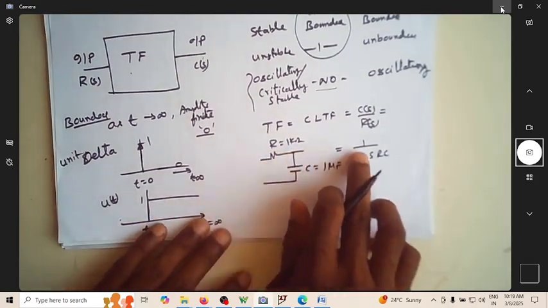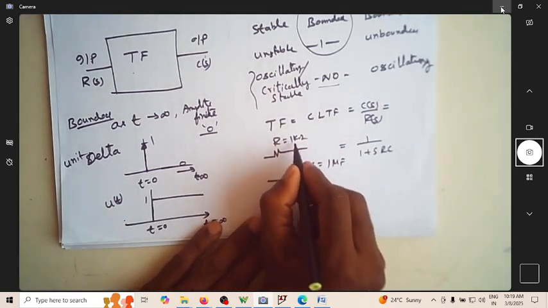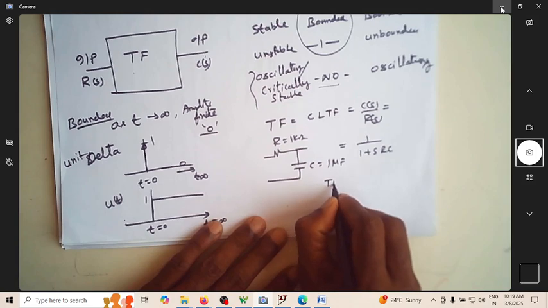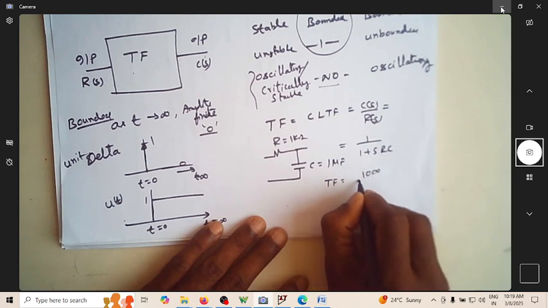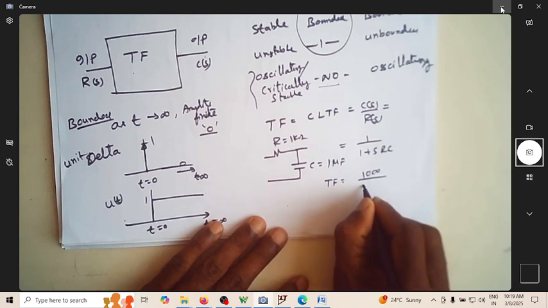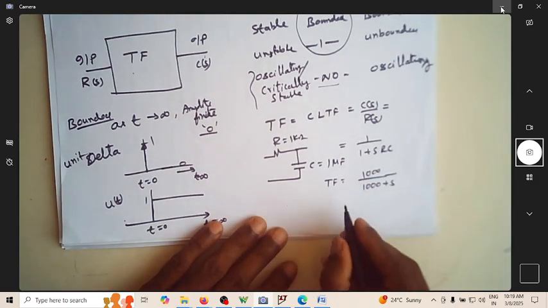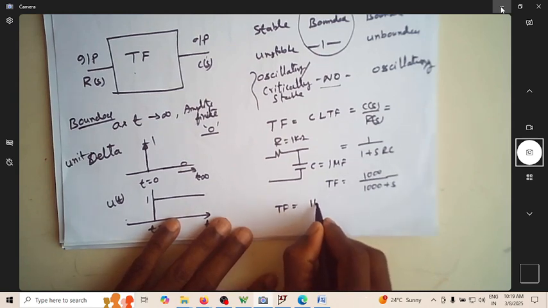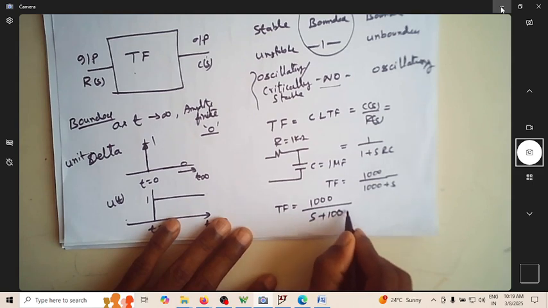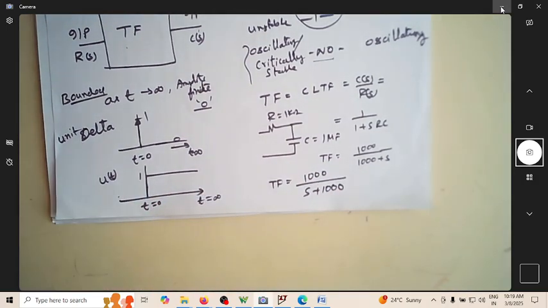If you substitute the values of R and C, as you might have seen in one of the examples, I will have a transfer function equal to 1000 divided by 1000 plus s, or s plus 1000, correct? So my transfer function is 1000 divided by s plus 1000. This is my transfer function.